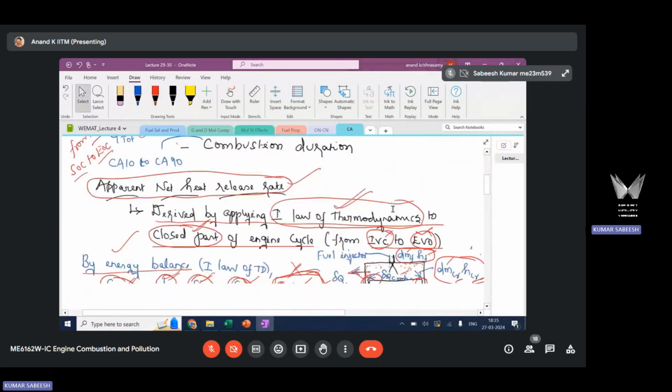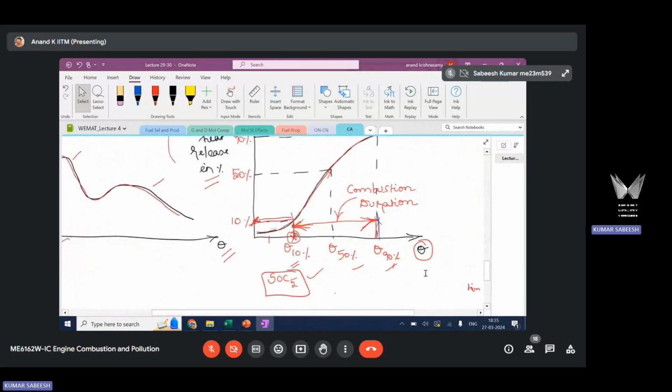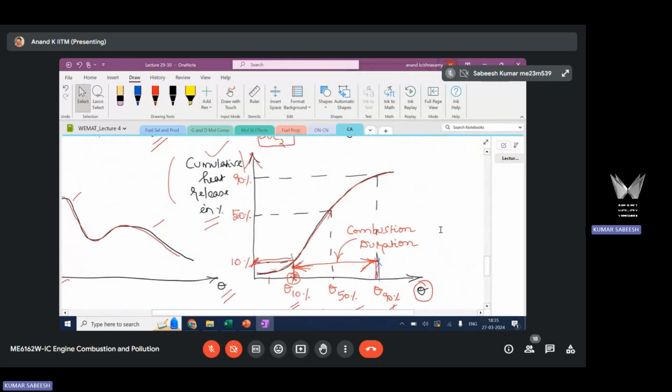So if you plot the cumulative heat release data with crank angle, you will get a profile like this. As I said, our focus is on three important terms in this profile. One is 10% of cumulative heat release, which we use to find the start of combustion. The other one is the crank angle associated with 50% of cumulative heat release.